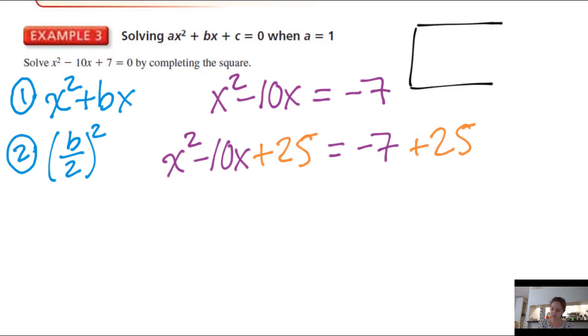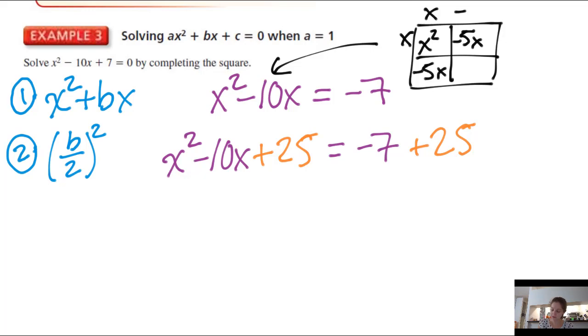If the diagram was helpful for you, what we have here is x squared. We broke up negative 10x into negative 5x and negative 5x. So we have negative 5, and the product of negative 5 times negative 5 is just 25.